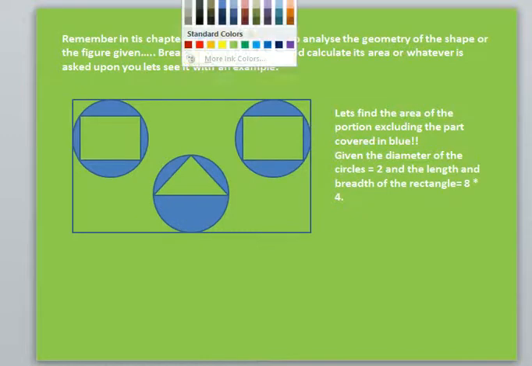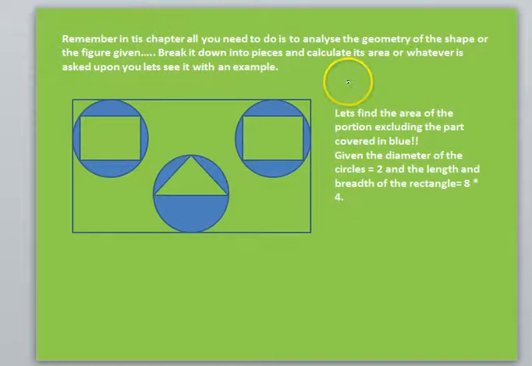Remember, in this chapter all you need to do is analyze the geometry of the shape or the given figure, break it down into pieces and calculate its area or whatever is asked.